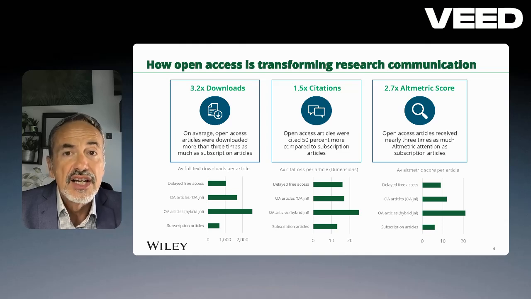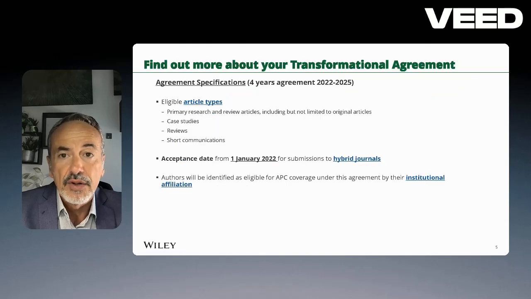So this shows the significant advantages of open access publishing. And with the CTK fund available to cover the costs of the APC, you have an excellent opportunity to publish your articles and maximize their reach and influence.